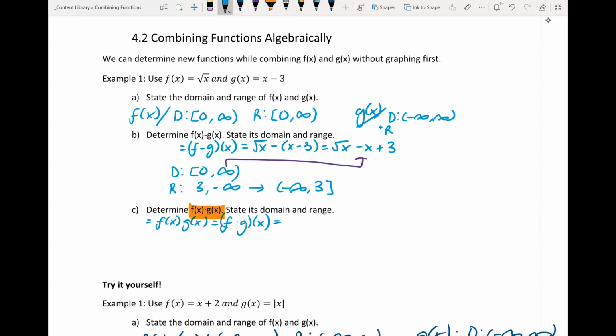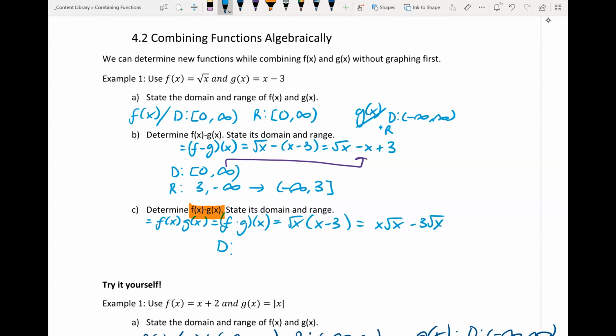But just take a note of the different notations. So I'm going to write f of x down first, and then we're going to multiply by g of x. Make sure to include the brackets. Then we can expand. And that would be our final function.